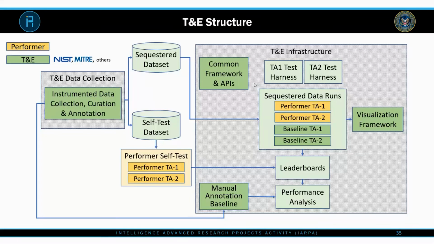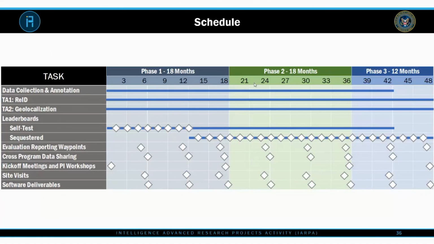There is also a sequestered data set where teams will submit their systems to T&E to run independently on T&E hardware on that sequestered data set, and those performance results will also be available program-wide. Here's a nominal schedule. There are two leaderboards, a self-test leaderboard and a sequestered data leaderboard.